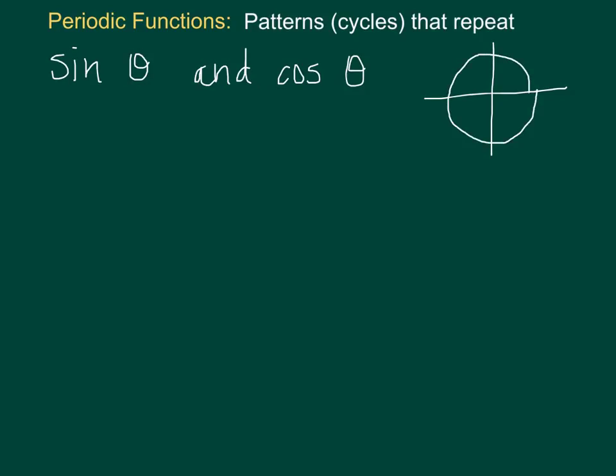So even if it starts in quadrant 1, or if it starts in quadrant 2, no matter what, the cycle repeats every 2 pi or 360 degrees, which means the values of the sine and cosine of those angles are going to be the same.